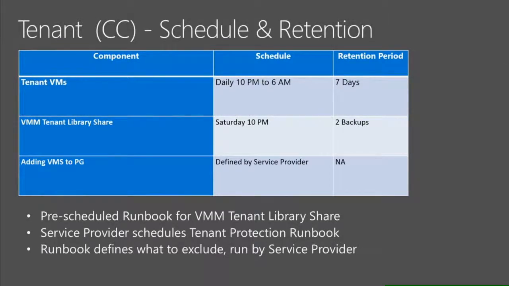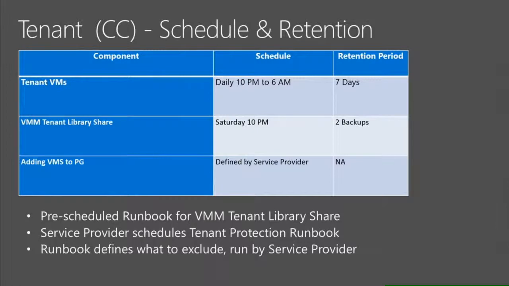Databases, we back them up through an Express Full backup every 4 hours, and we keep them for 5 days. Active Directory is going to be backed up once a day, and we keep those for 5 days.